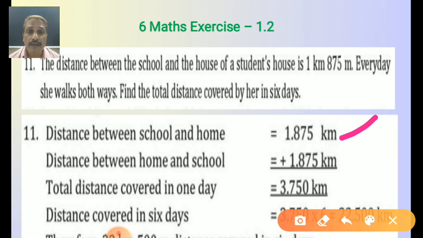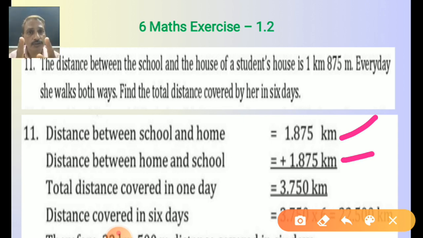All the meanings are same. Now look here, 1875, same distance or more or less? If you are moving to your friend's house or somewhere else, it will give more distance. So be careful. Home to school, school to home.